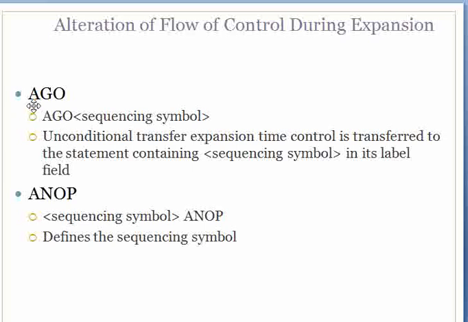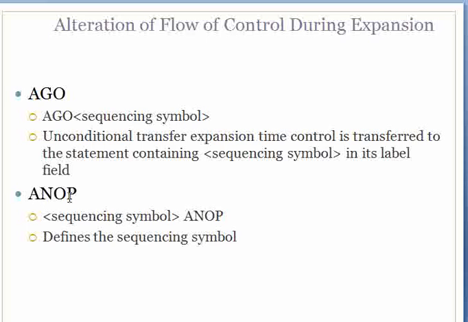Then you have another advanced macro facility, AGO, which we write as AGO followed by the sequencing symbol. AGO means unconditional branching. I am not testing the condition at all, and it will simply branch to that line, transferring the control to the line where the sequencing symbol appears as a label.